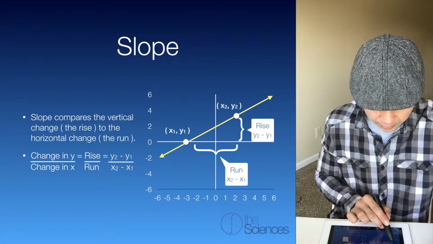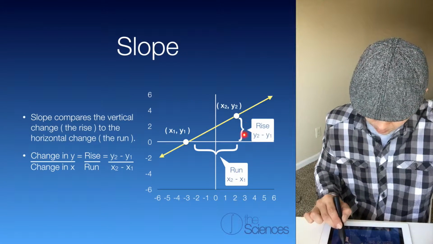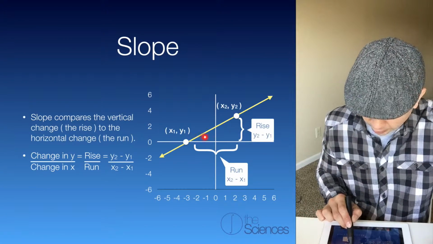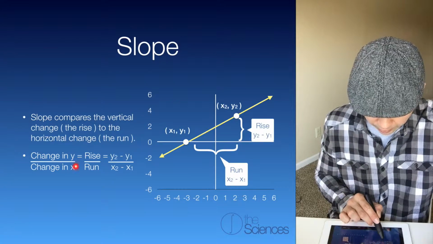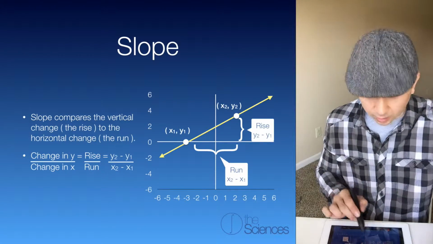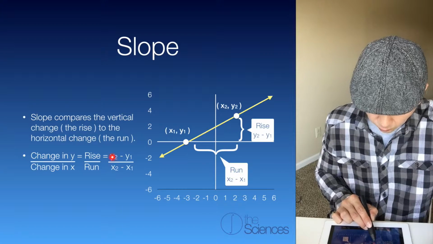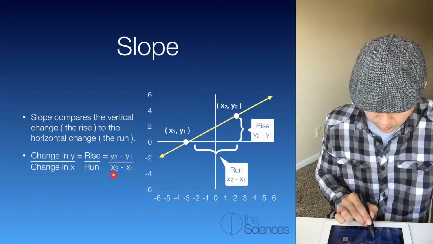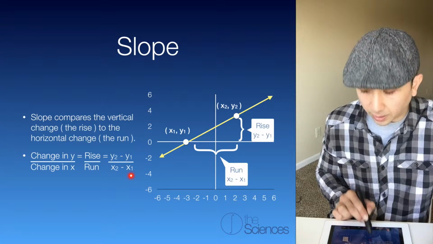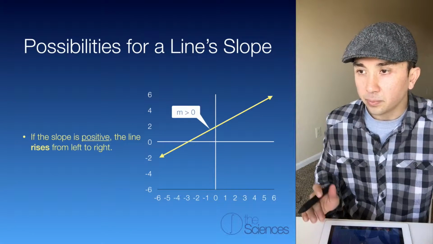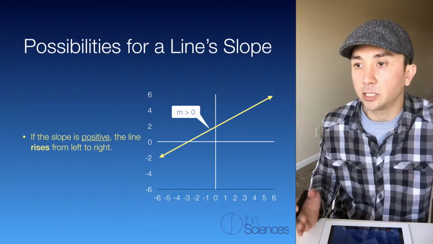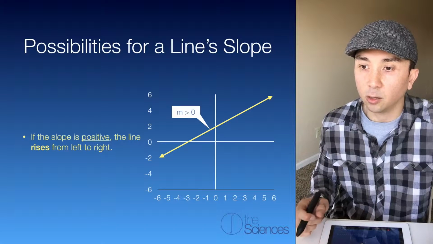So the slope is the change in y over the change in x, or the rise over run, or the equation y2 minus y1 divided by x2 minus x1.